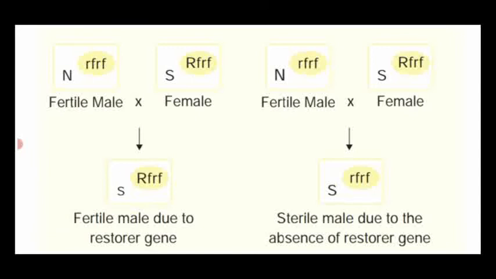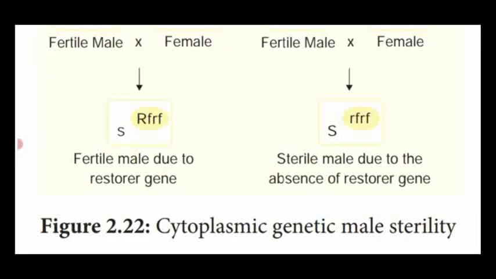Sterile male means they are unable to produce pollen grains, and also they do not take part in reproduction due to the absence of the restorer gene in the sterile cytoplasm. That is another example of cytoplasmic genetic male sterility inheritance in some of the plants.